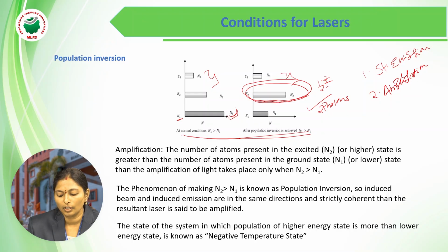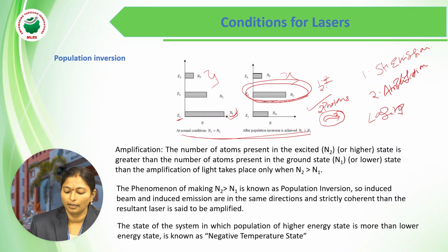These incident and external photons both will emit in the same direction, having the same wavelength and following the property of coherence. Due to all these properties, the output light has high intensity. That means we are getting the lasing action.